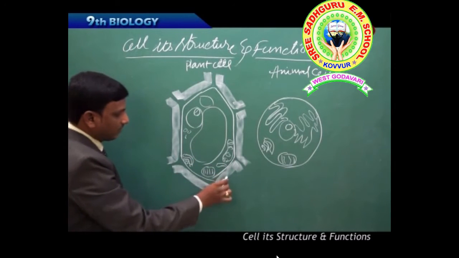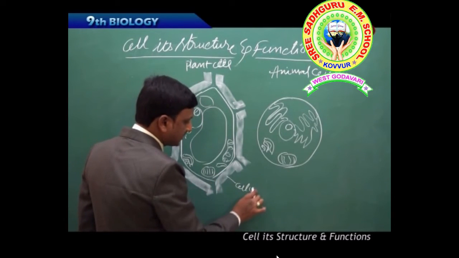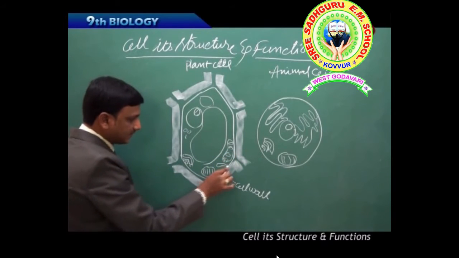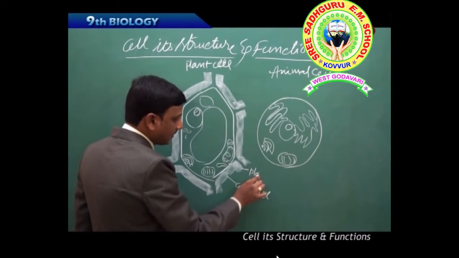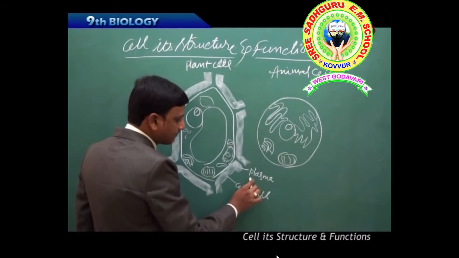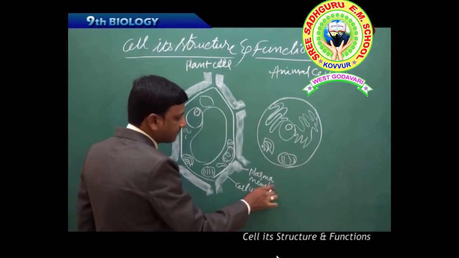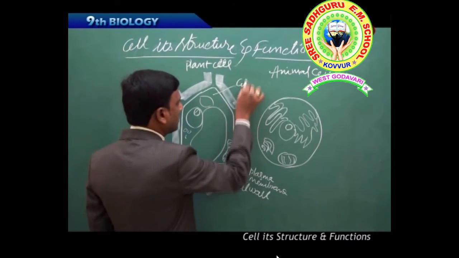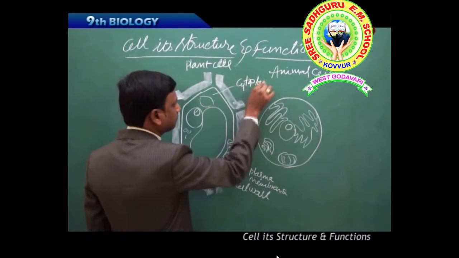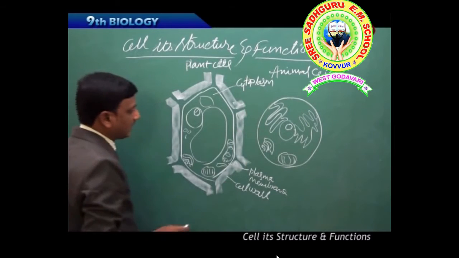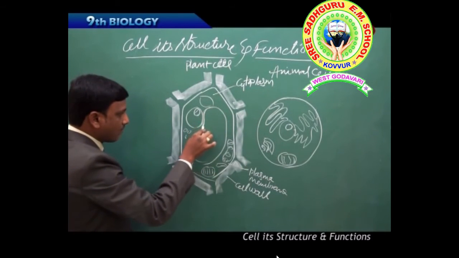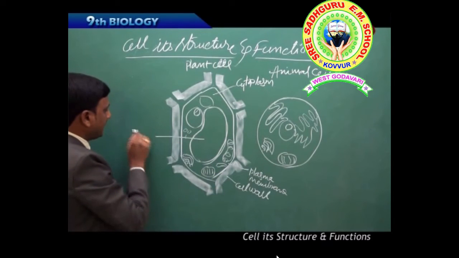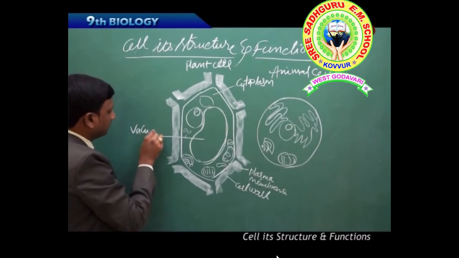A plant cell has a thick cell wall, and inside the cell wall there is a thin membrane, the plasma membrane or cell membrane, and inside it has cytoplasm. And at the center, most of the space of the cell is occupied by a vacuole.